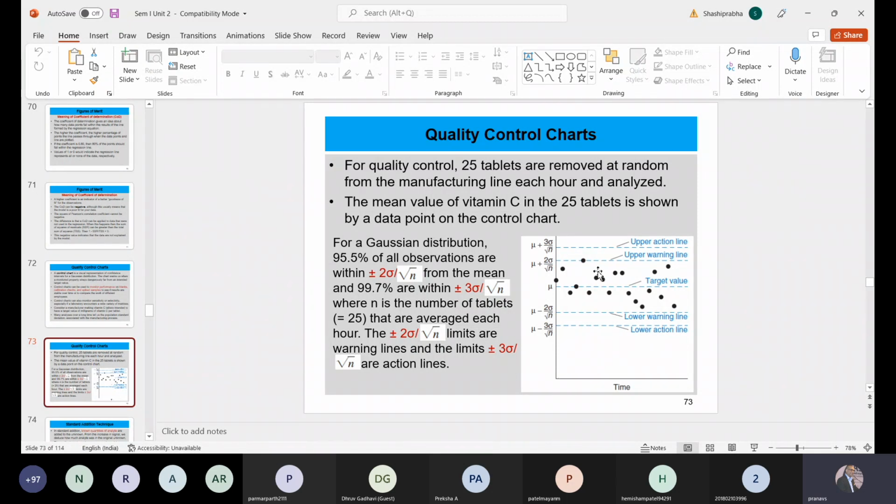So basically, it gives you a visual representation of all your measurements, expressed in terms of confidence intervals.